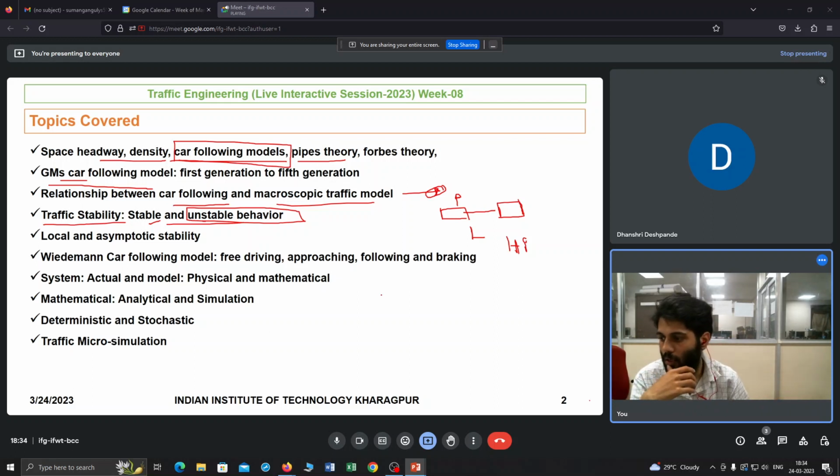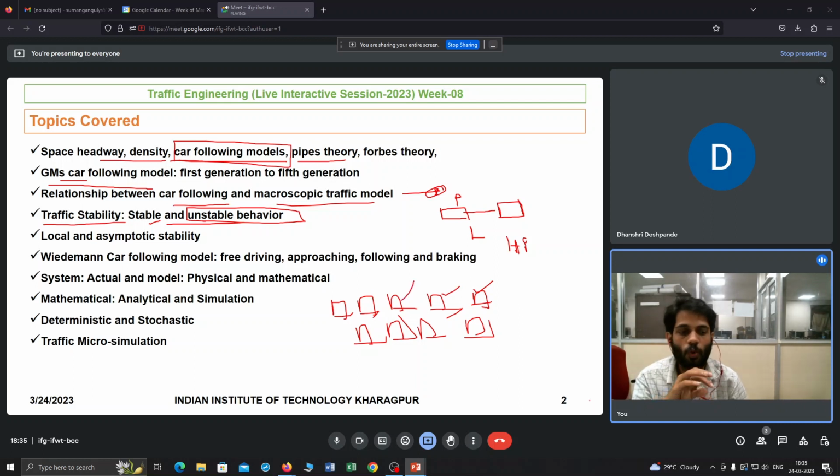Suppose you have a chain of vehicles like that, 1, 2, 3, 4, suppose it's a one-way two-lane traffic stream. These are the vehicles. So maybe this impacts this, but it may not immediately impact this. So it's a local disturbance, or local stability that has been compromised, not the asymptotic stability. So what do you mean by asymptotic stability?